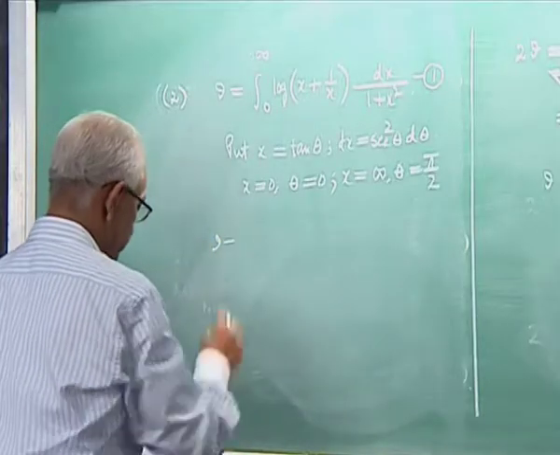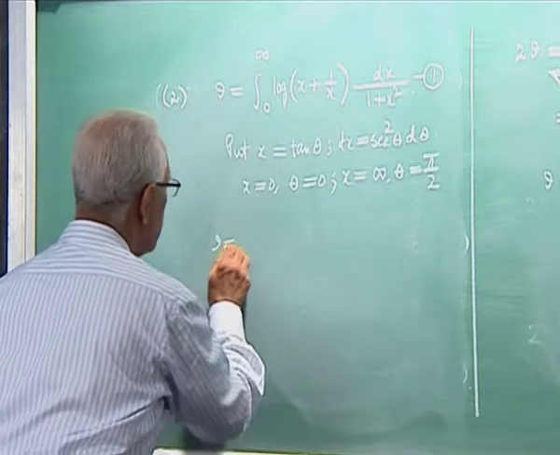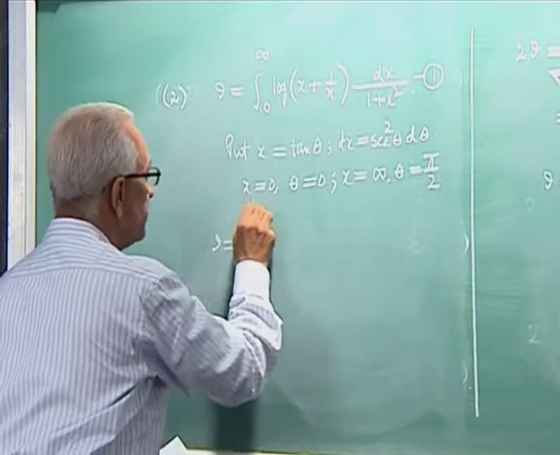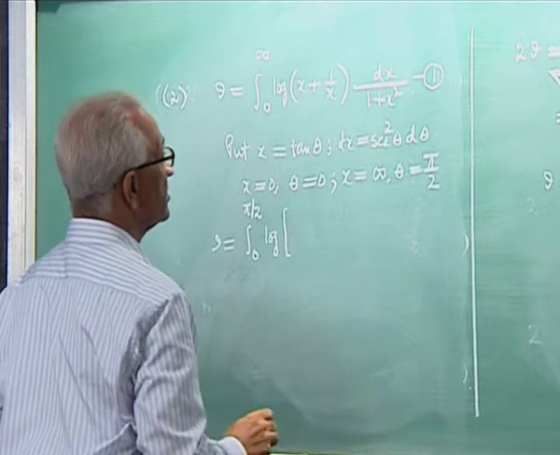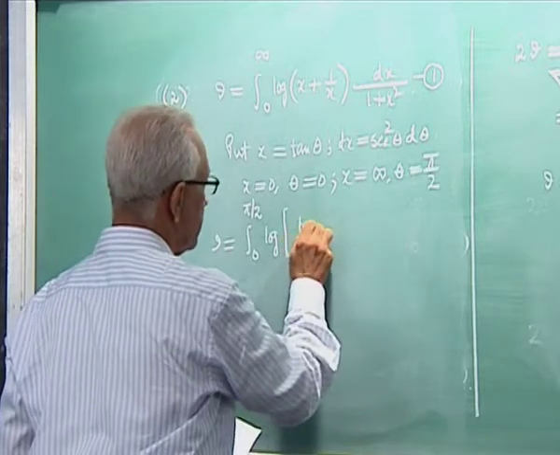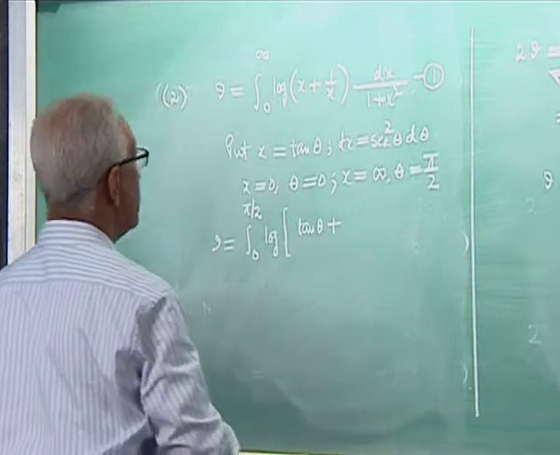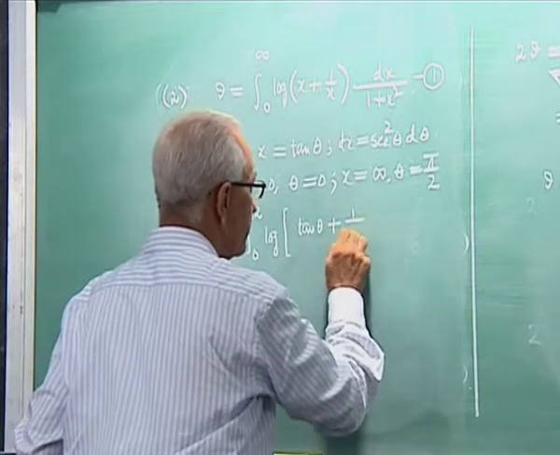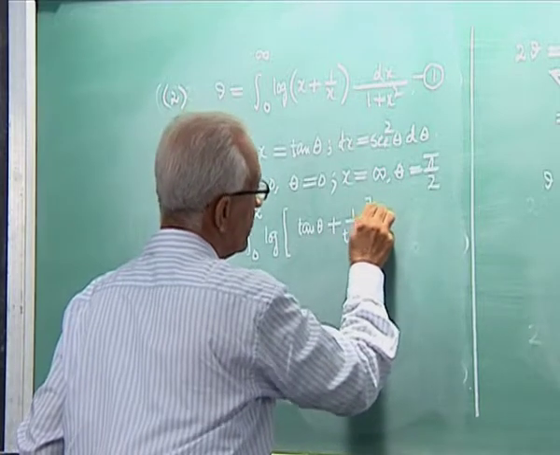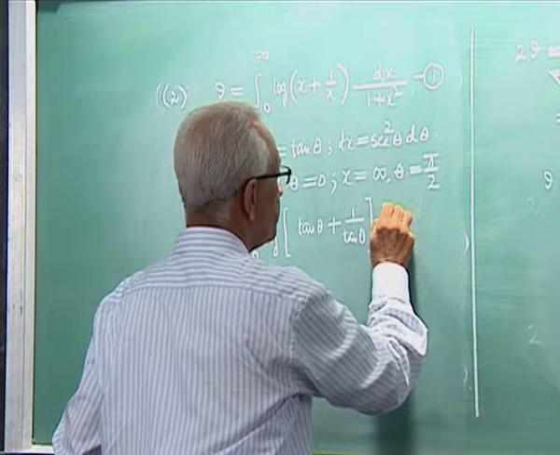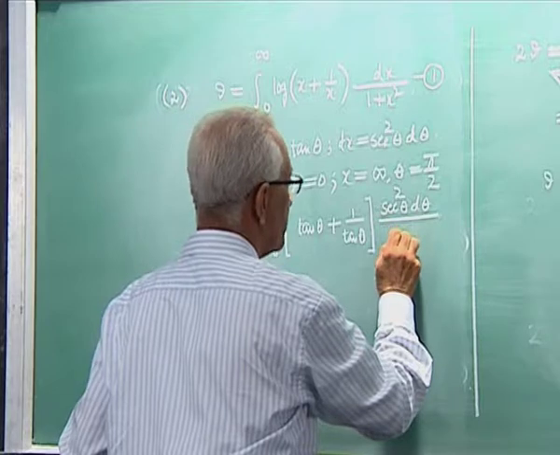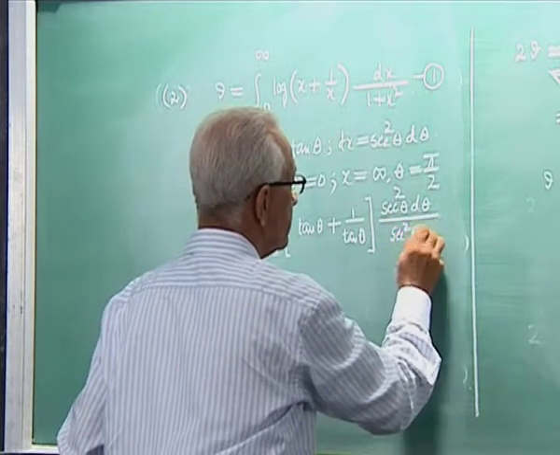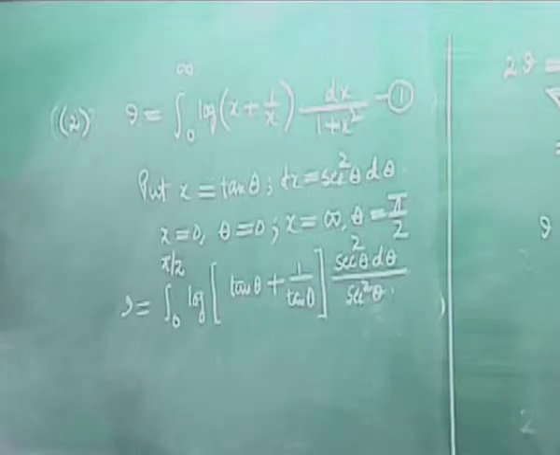So the integral now will be converted to, this will be equal to 0 to pi by 2 log, I will have it as x is equal to tan theta, so tan theta plus 1 upon x, means I will be having again tangent of theta. This dx will be sec square theta d theta upon 1 plus x square is again sec square theta.